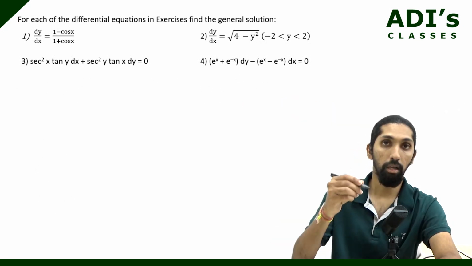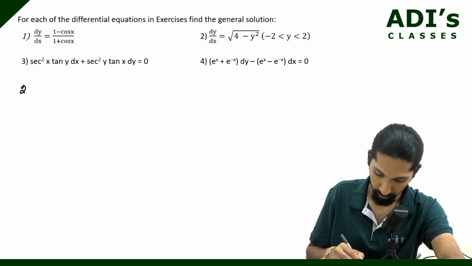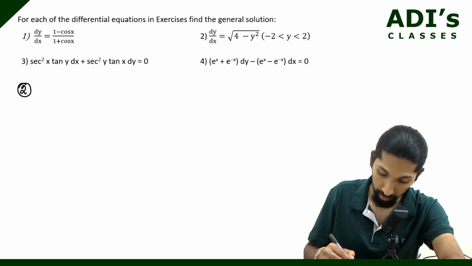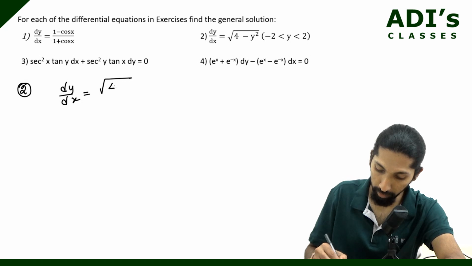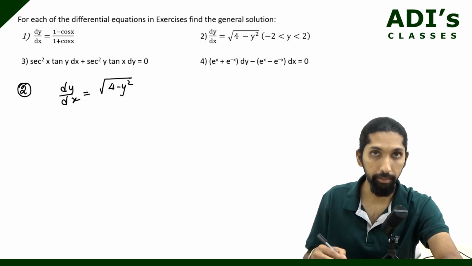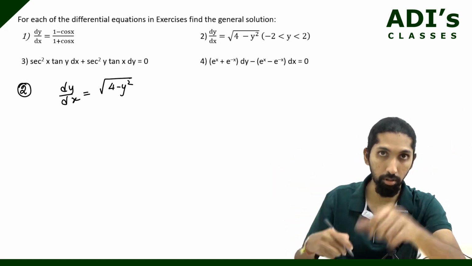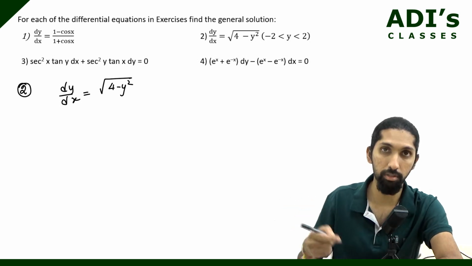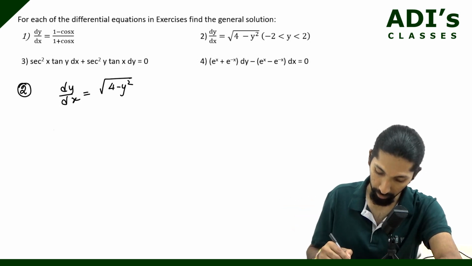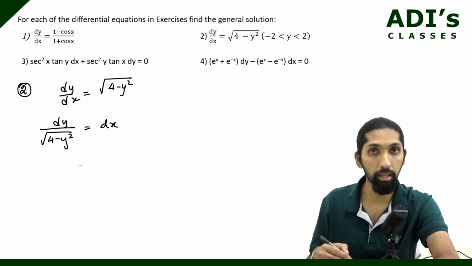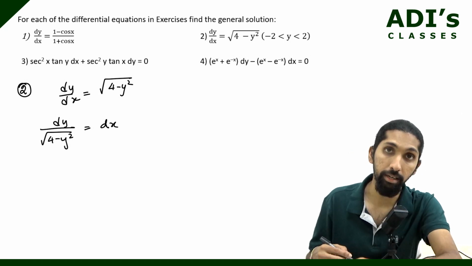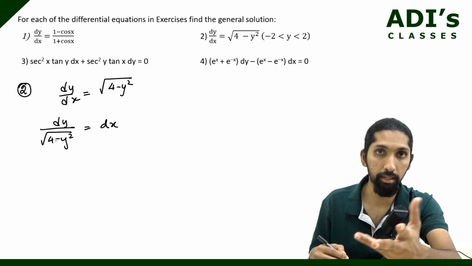All right. Now the second one. See, dy by dx equals root of 4 minus y square, right? So cross multiply, basically it's transposing. Dy divided by root of 4 minus y square is equal to dx. Integrate, because you have already separated the variables anyway.